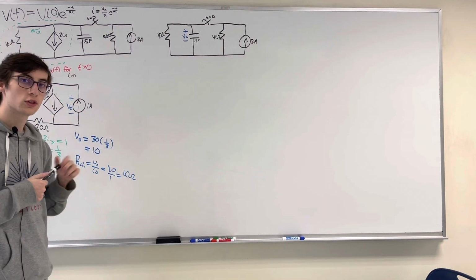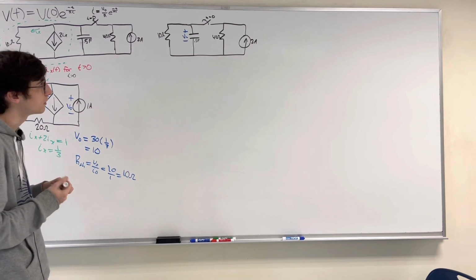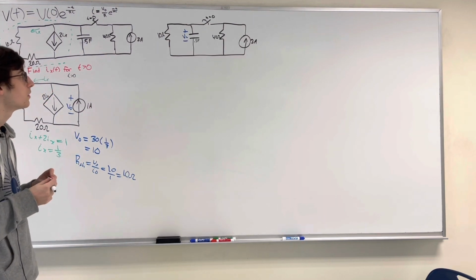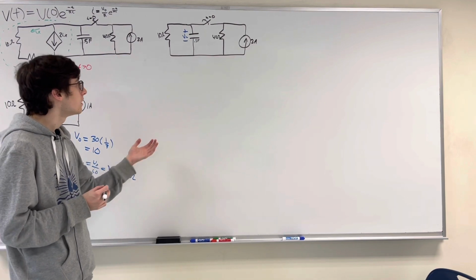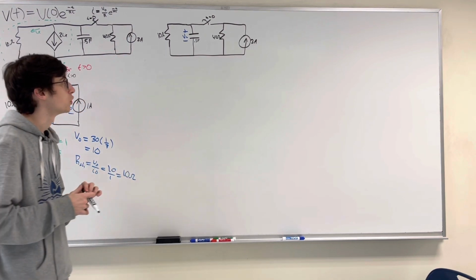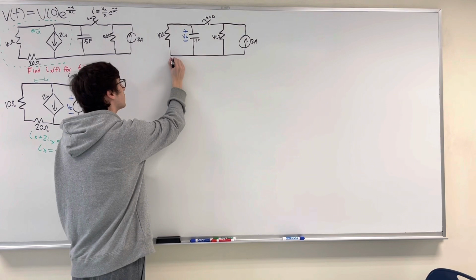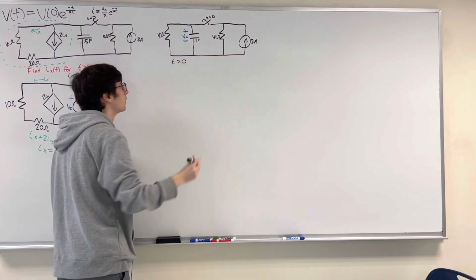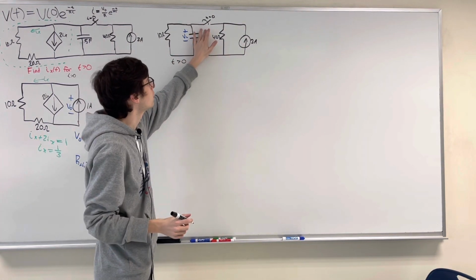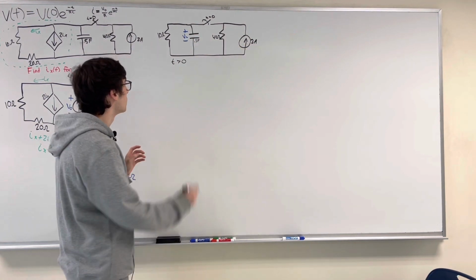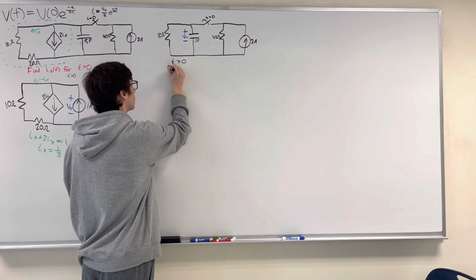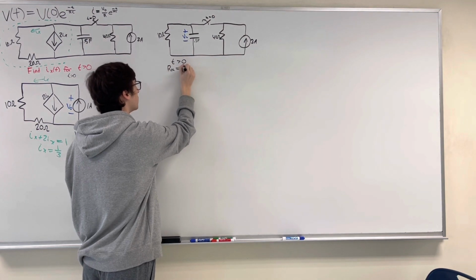All right, so now what we just need to do is solve for V of t. To do that, I'm not going to redraw the circuits because it's pretty easy to see everything. So when time is greater than 0, this switch remains open. So that means this whole half of the circuit is not part of our circuit. So that means our RTH is equal to 10 ohms.